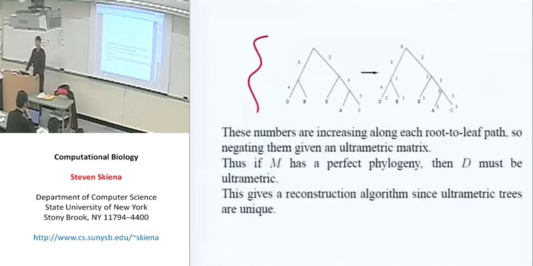Here is a perfect phylogeny tree, right? Does everybody see that? How many features does each node have? At this point, the world has no features, right? Does everybody see that? These nodes have one feature. This node has two features, 3 and 4, right?